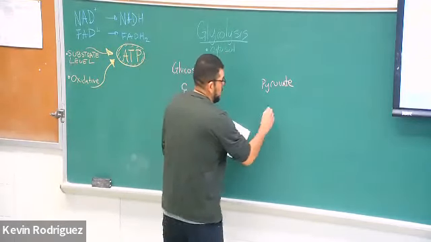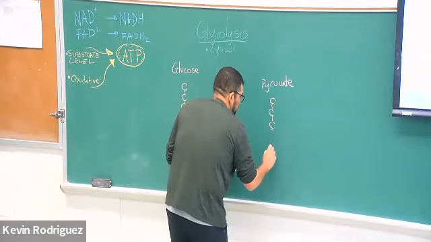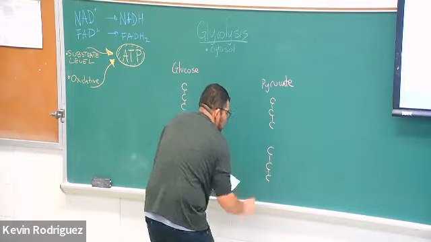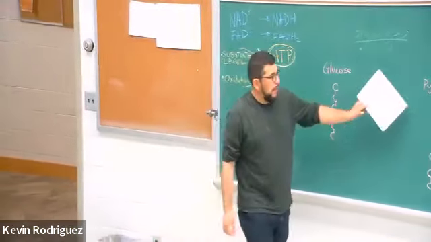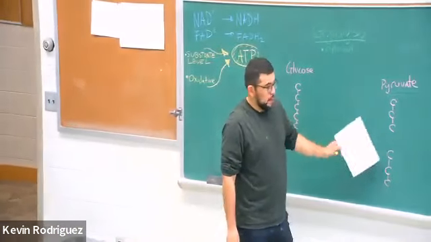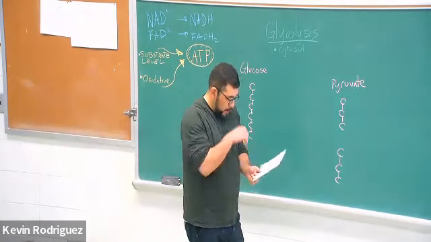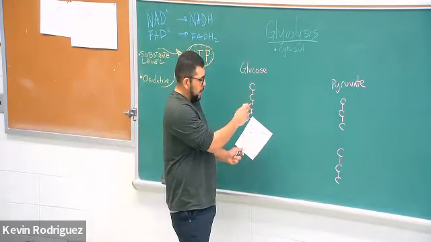The goal of what you're going to produce is going to look like this. Carbon, carbon, carbon, carbon. So you're going to go from having one chain of 6 carbons to ending up making two 3-carbon chains. At the same time, you're actually gonna invest ATP to power this reaction up.